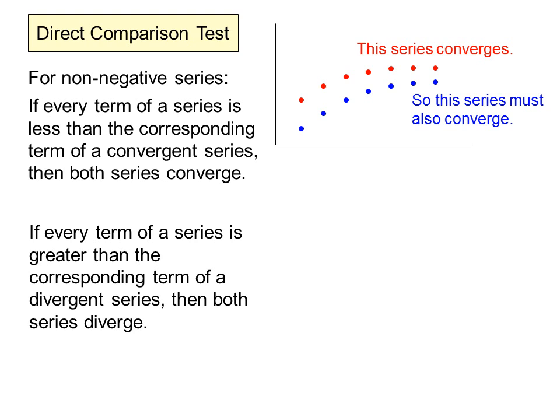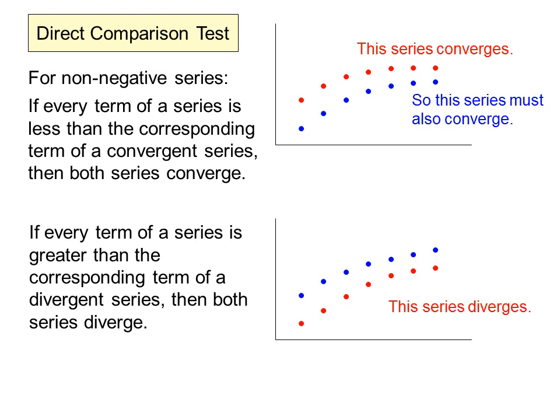If every term of a series is greater than the corresponding term of a divergent series, then both series diverge. So if the lower series in this case diverges, then the upper series, represented by the blue dots, must also diverge.